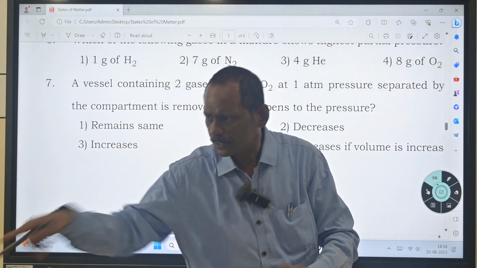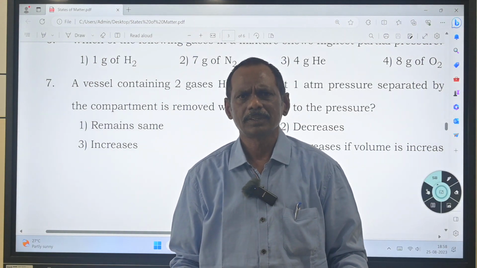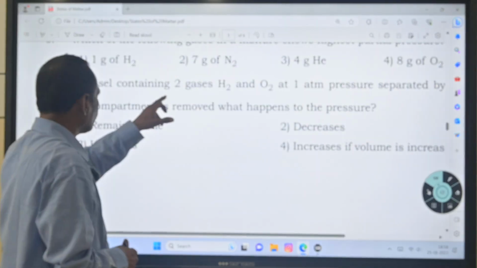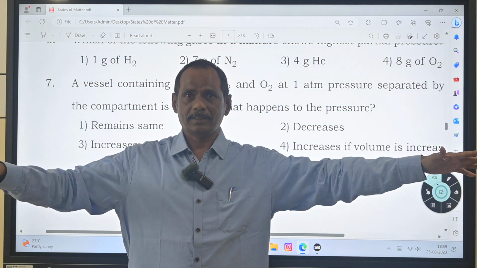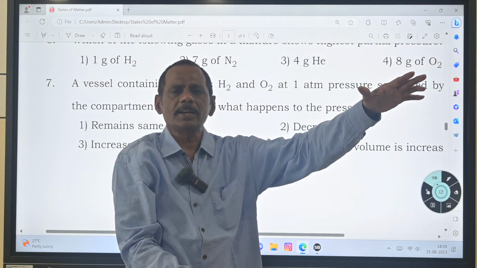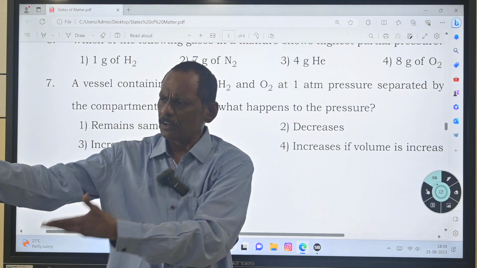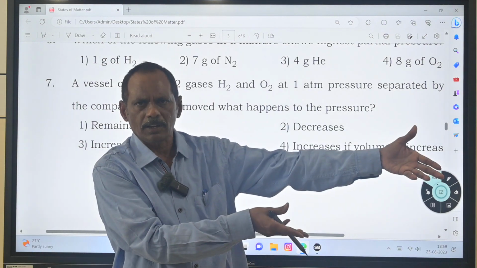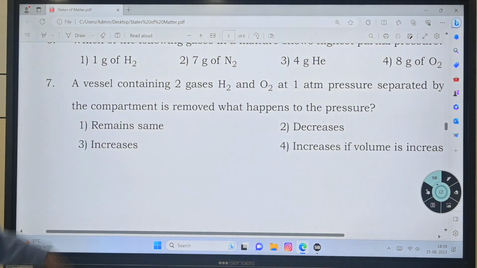Is there any change in the pressure of this room or that room? The pressure remains the same. Here also, the vessel contains two gases, hydrogen and oxygen, at 1 atmosphere, initially separated by a wall or partition. If the partition is removed, because the pressure of this gas is 1 atmosphere and the pressure of that gas is 1 atmosphere, its volume will be the same. So it remains the same.